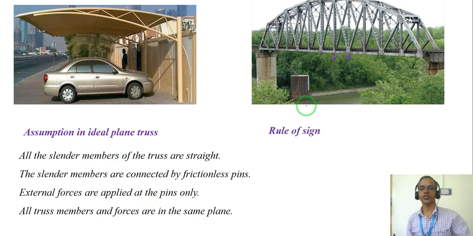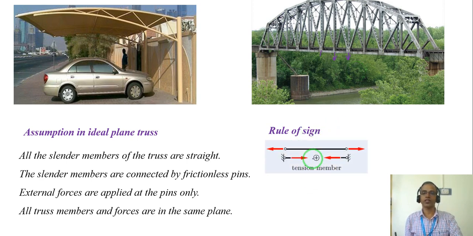So now there is a simple sign rule for these members. While analyzing, we need to understand that whenever in a truss member the resisting arrow is away from the joint, we consider it to be a tension member. Here, arrow away from joint, arrow away from joint, either inside or outside, it doesn't matter.